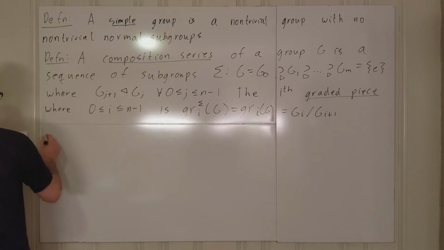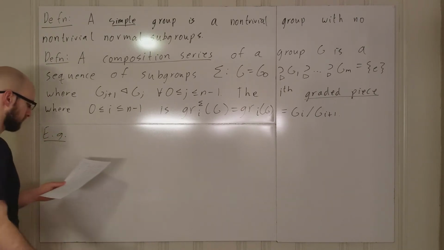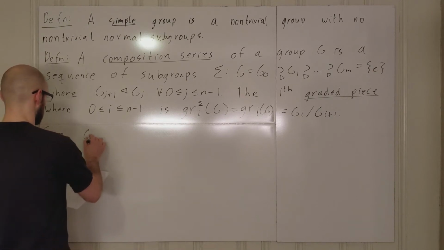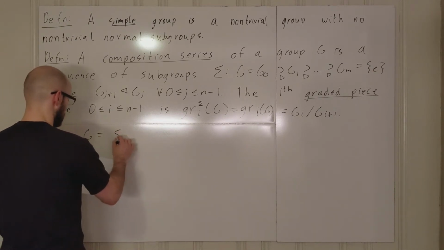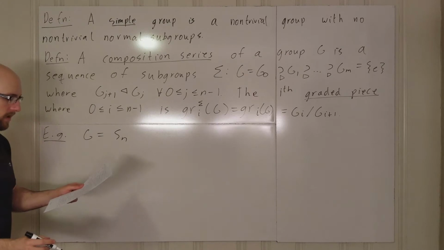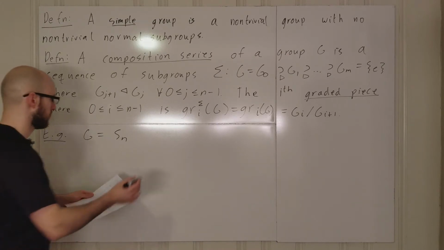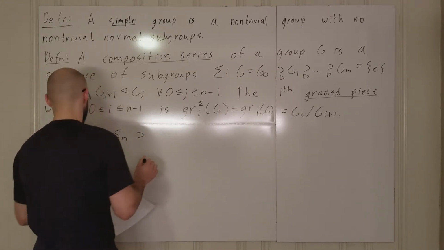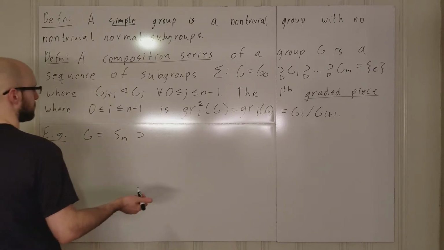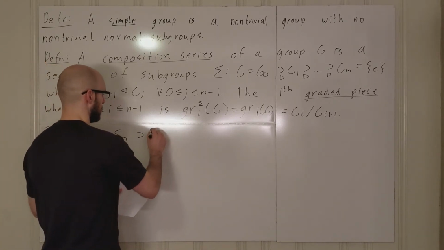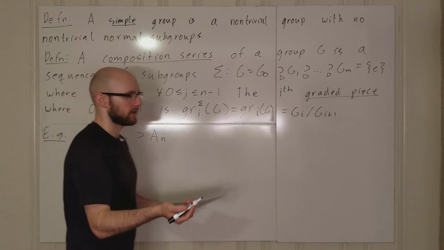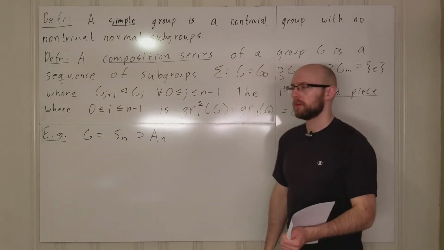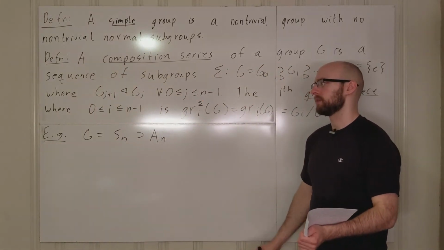Let's do an example just so that you can see what this might look like. Let's take G as Sn, and this contains, let's say, An. We know that the alternating group, I still don't think we've talked about in full detail.